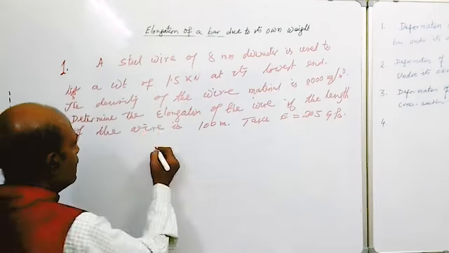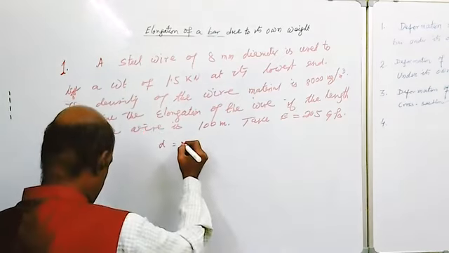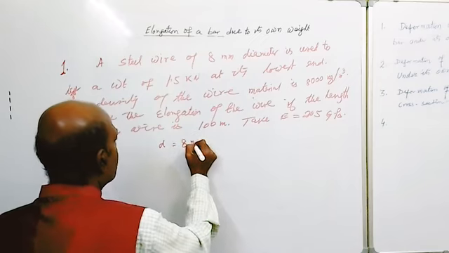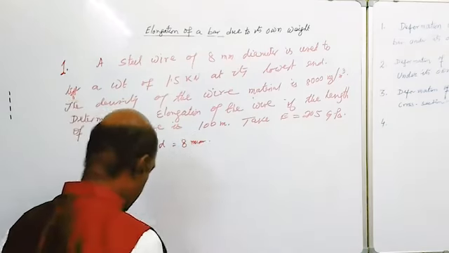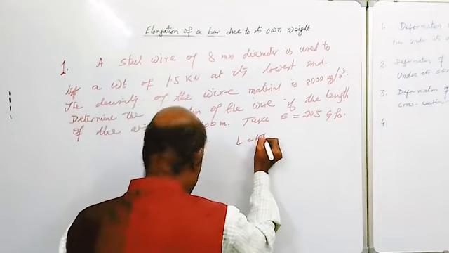Now the data are: D, the diameter of the wire, is given as 8 millimeter. Length of the bar is given as L is equal to 100 meter.